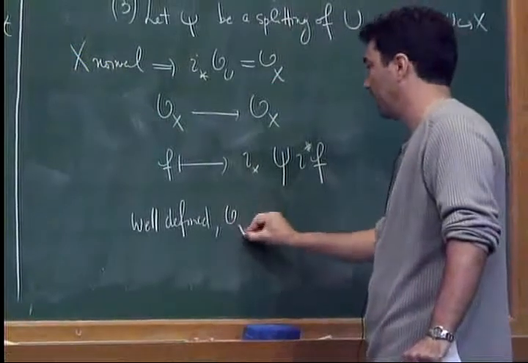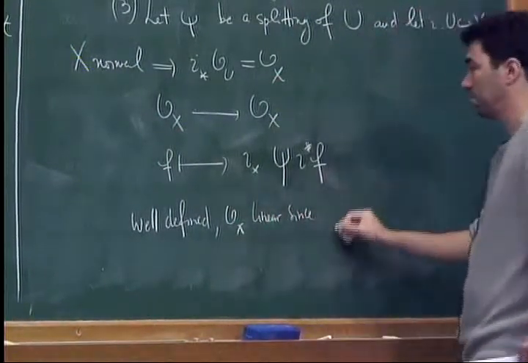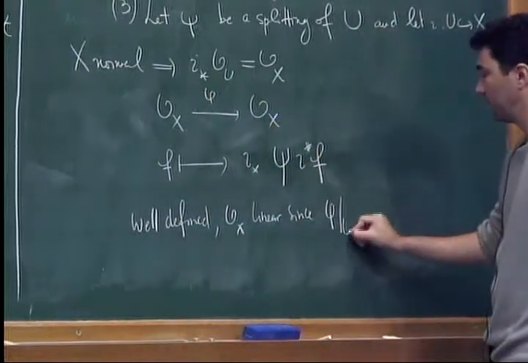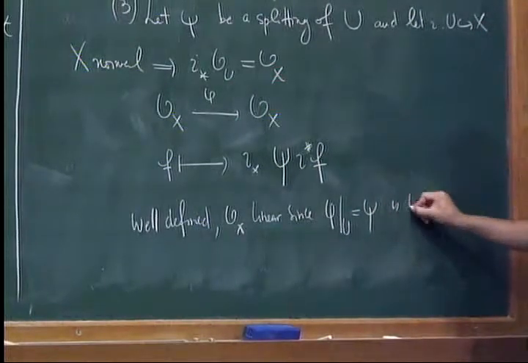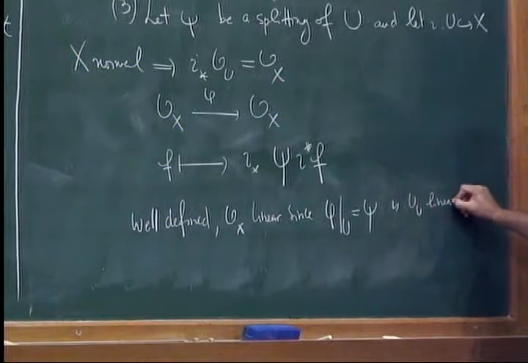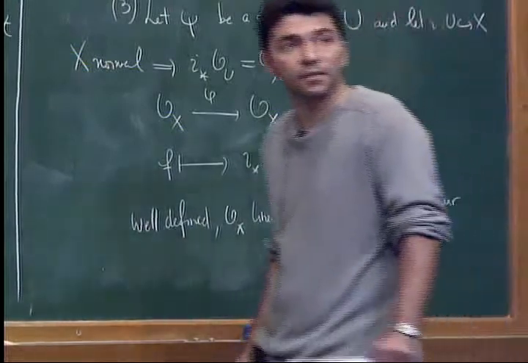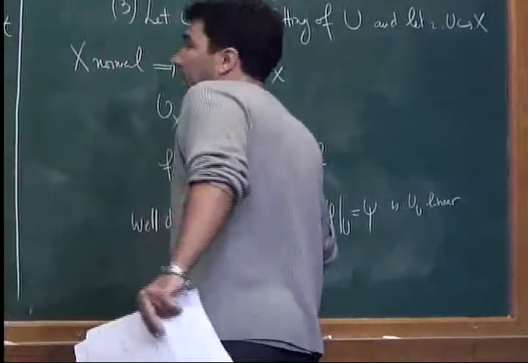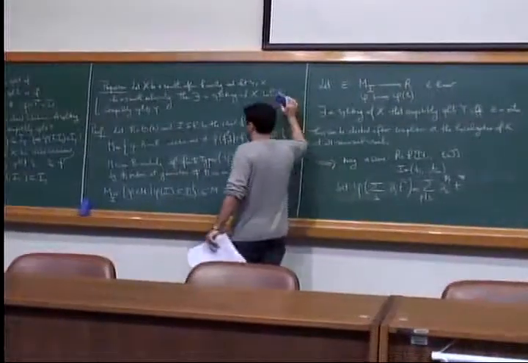This is OX linear, since, call it phi, phi restricted to U is psi is OU linear, and you get the desired splitting. So for the last point, you play essentially the same game.